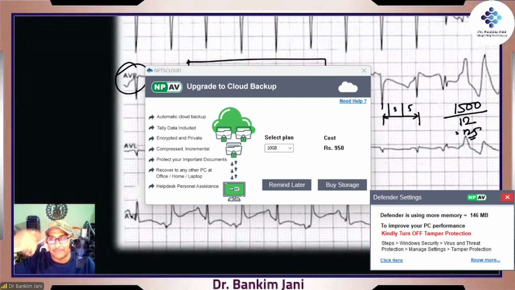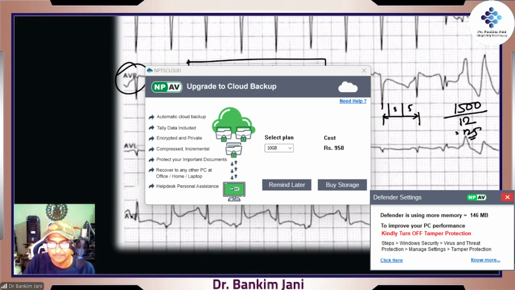So in aVR, everything is reversed, correct? And that's where the P wave is starting. And over here, this is the Q wave, because this is reverse. So in QRS, the Q wave will be reverse. So here it is almost one big box, right? Almost one big box.